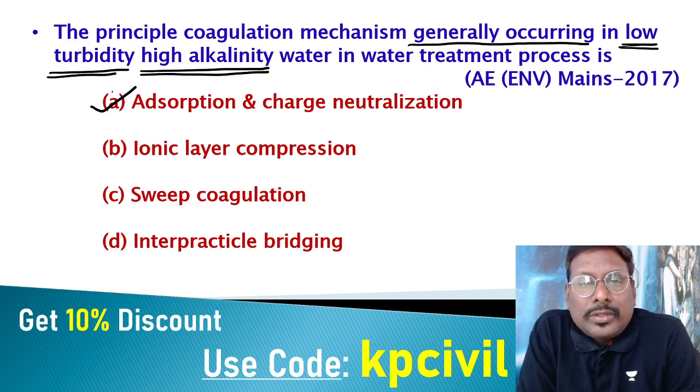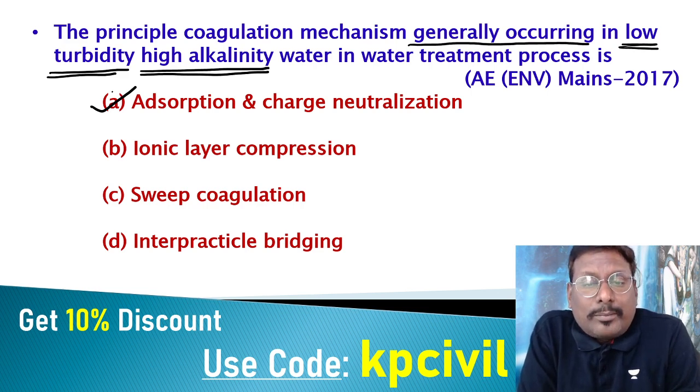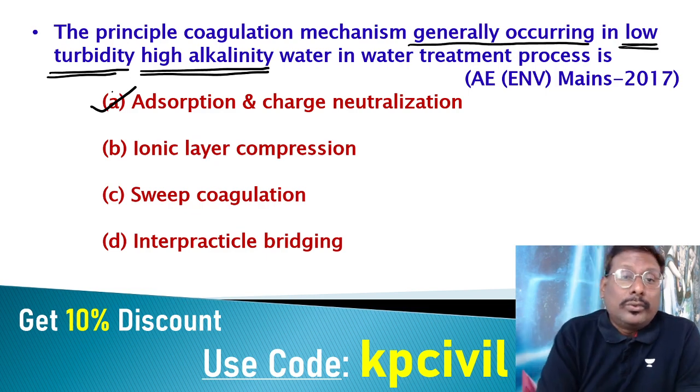Turbidity is low, so it should be attached on the surface. High alkalinity, charge neutralization is required. Ionic layer compression and interparticle bridging are also possible for high alkalinity, but as you need to remove low turbid particles, you need adsorption.